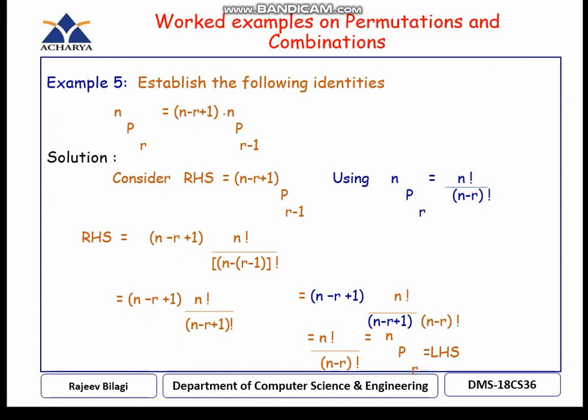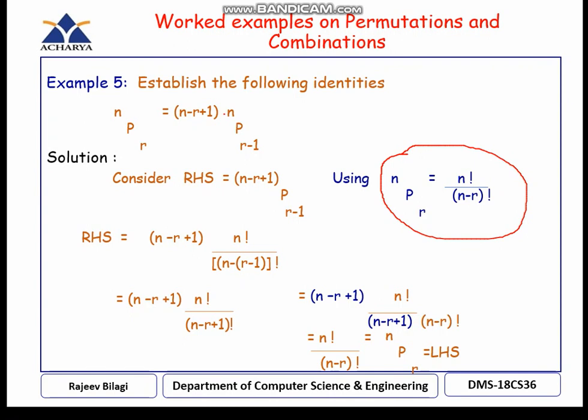Now what I will do is, I will take the RHS part and I will prove the LHS. So consider the RHS, that is (n - r + 1) into nP(r - 1). Again apply this particular rule, nPr is equal to n factorial divided by (n - r) factorial.